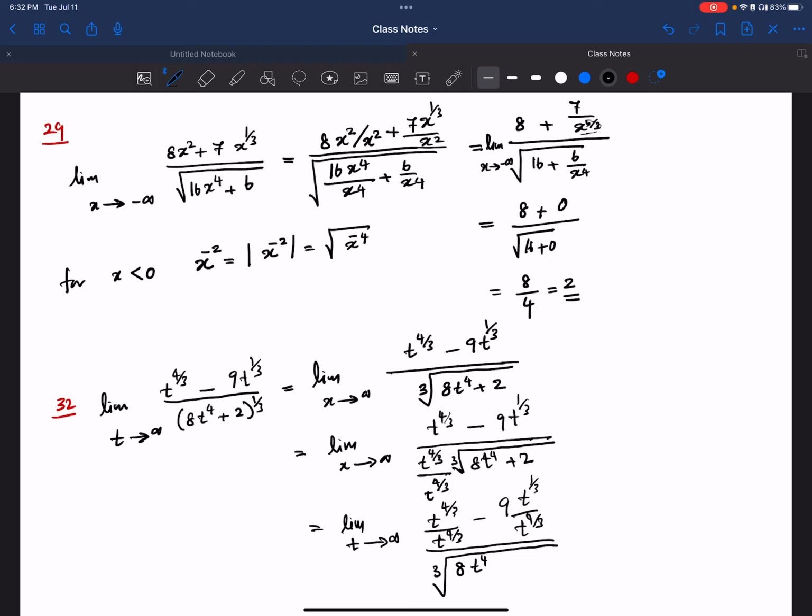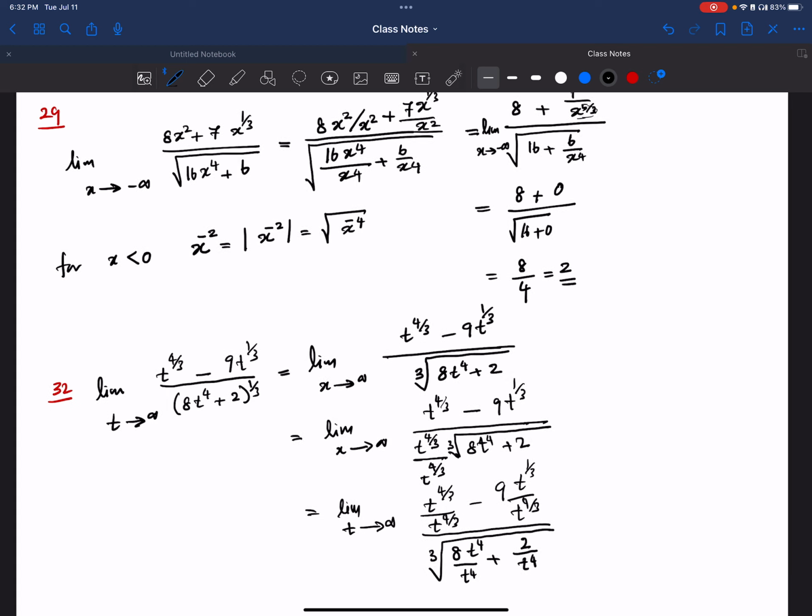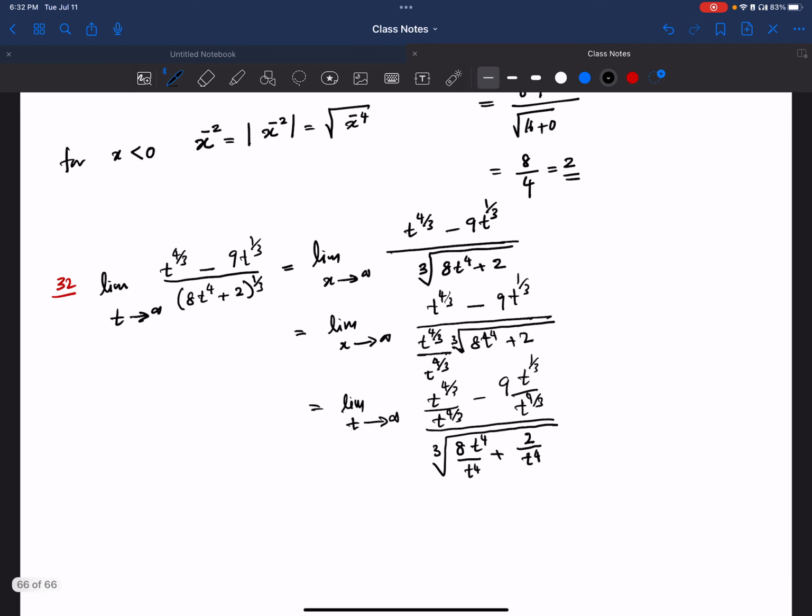The 1/3 is taken by the cubic root, just like this. So now this is 1 minus, this is 1/3, this is 4/3.